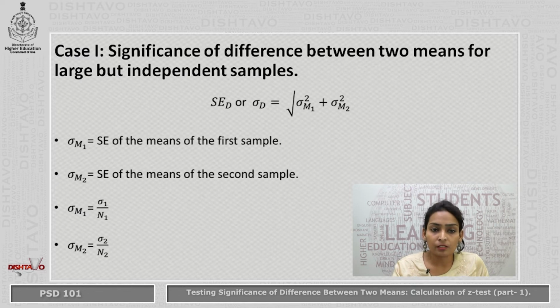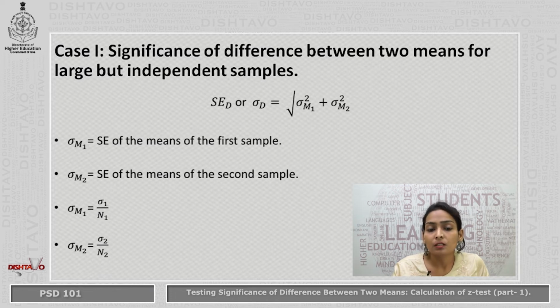So, the first case, significance of difference between two means for large but independent samples. The formula here stands for standard error. SE stands for standard error of difference. There is a formula here which includes the whole root. Here, students, please make note, the root is whole, it covers the entire formula.